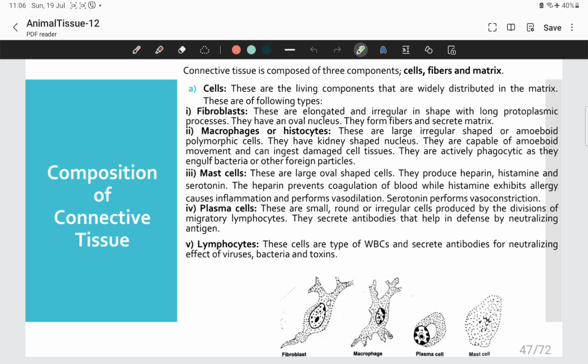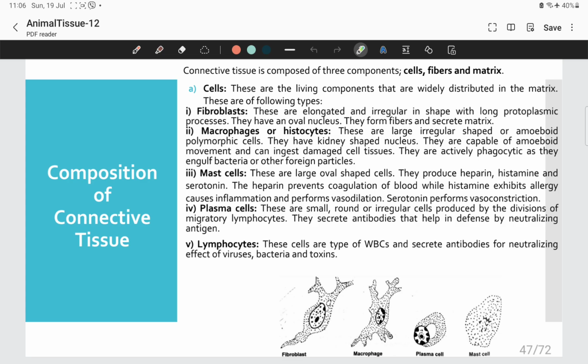And serotonin, the third chemical, acts opposite to histamine. It does vasoconstriction. It means it will contract the arteries that were swollen during the allergy.